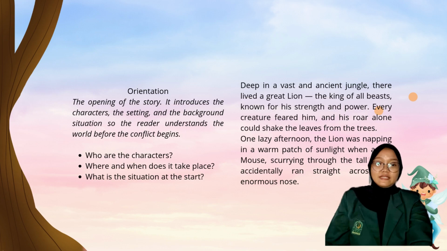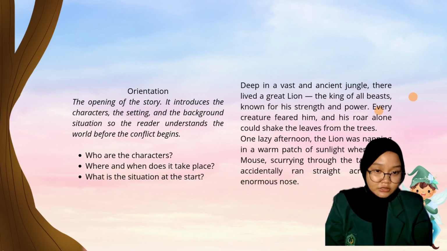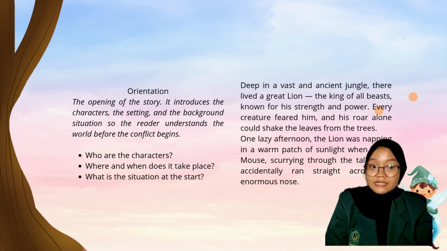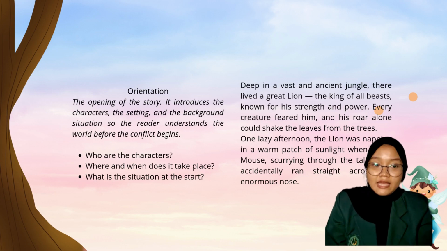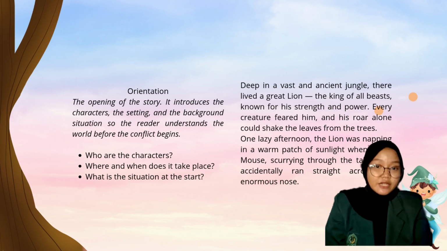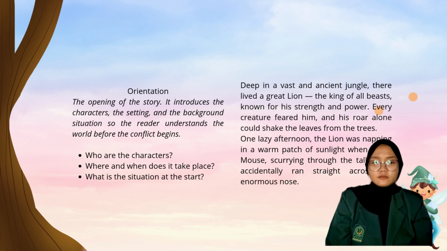For example: Deep in a vast and ancient jungle, there lived a great lion, the king of all beasts, known for his strength and power. Every creature feared him, and his roar alone could shake the leaves from the trees.